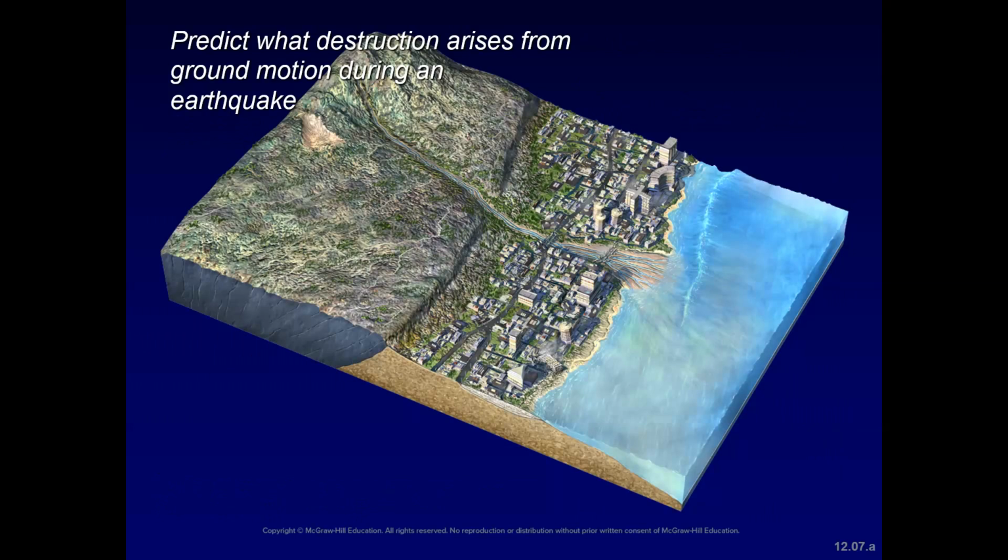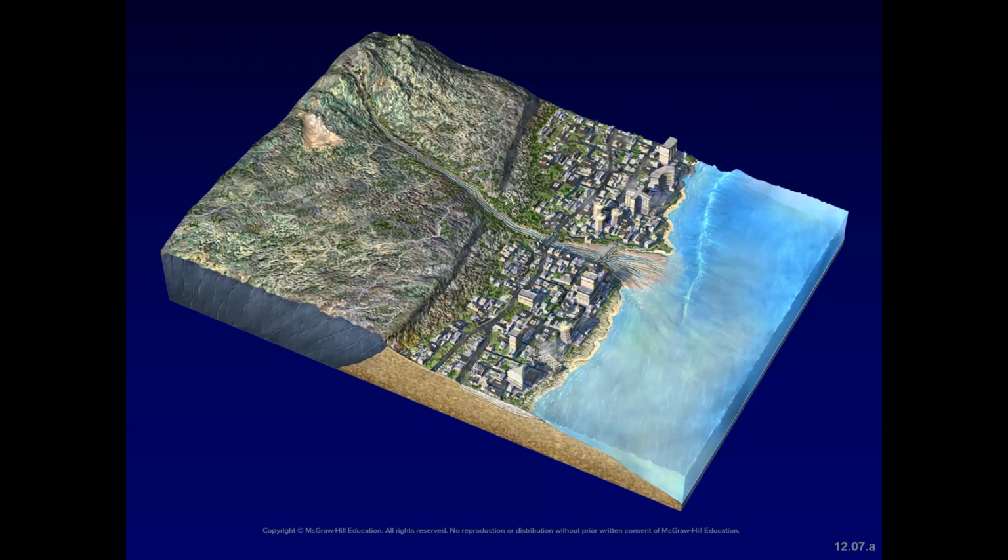All right. So how can we predict what destruction arises from ground motion during an earthquake? Well, we can think about the rupture. Like I said, it's almost like a tear in the Earth's surface. It can happen along parts of the fault. And then you can have associated cracks in the Earth's surface that destroy buildings and roads. There could also be a landslide here.